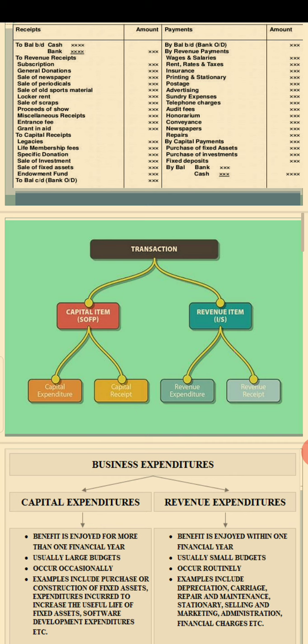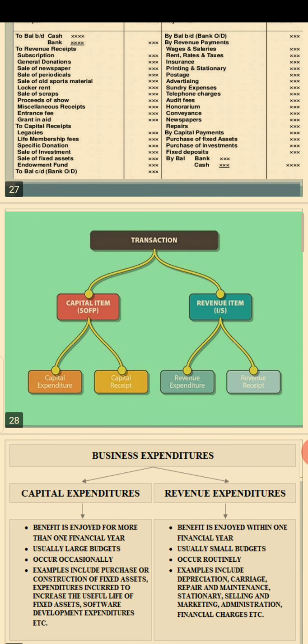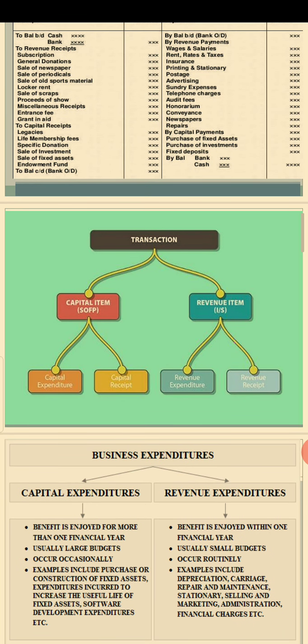Similarly, now I want to explain revenue natures. Revenue nature is also categorized into two parts: revenue income and revenue expenses.